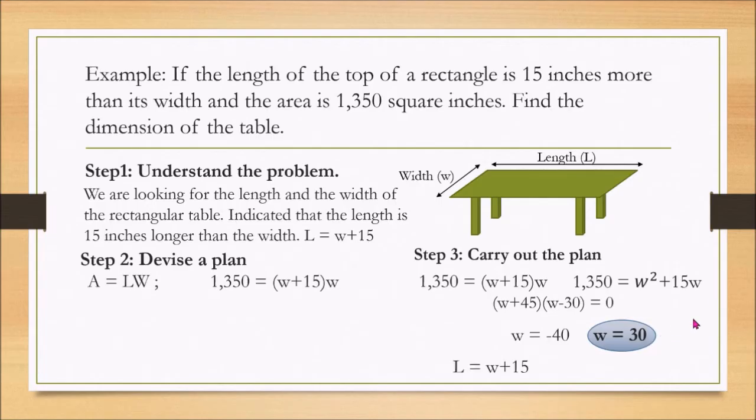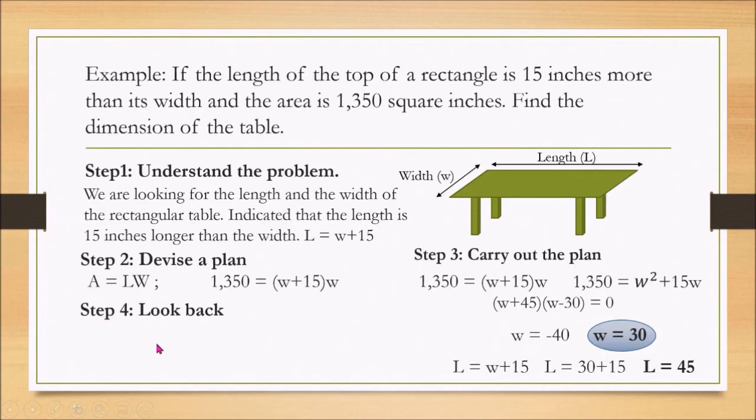Since we already have the width, we substitute to get the length. Since the length is 15 longer than the width, based on the problem, we substitute 30 and get 45. Your length now is 45.